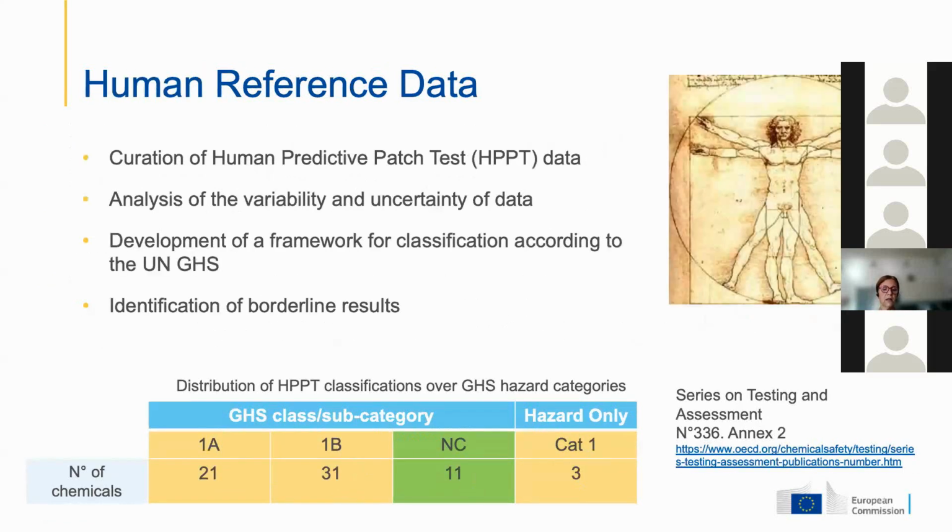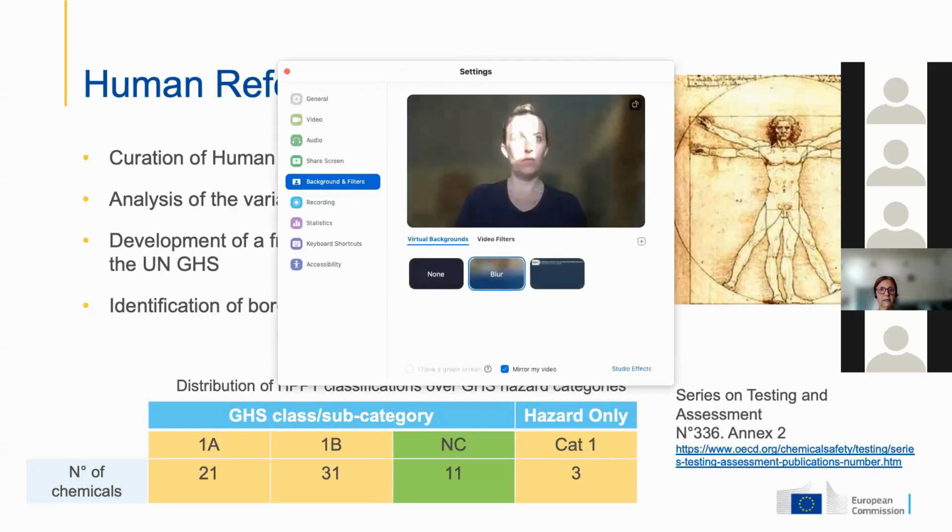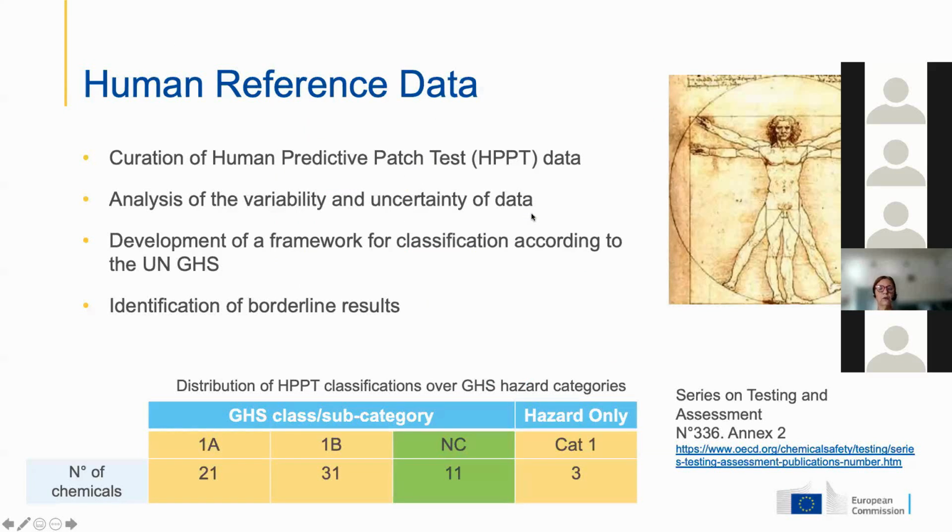Next slide, please, Nicole. Similarly to what was done for the LLNA, an in-depth analysis was conducted on the human predictive patch test data, which included an evaluation of the source of variability and uncertainty in the data. In addition, a decision logic was developed for classifying the substances for their skin sensitization potency according to the GHS.